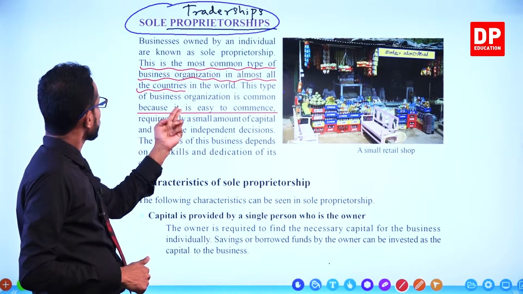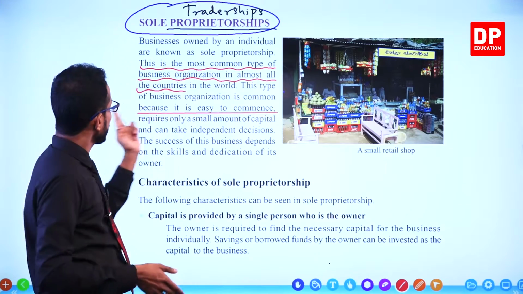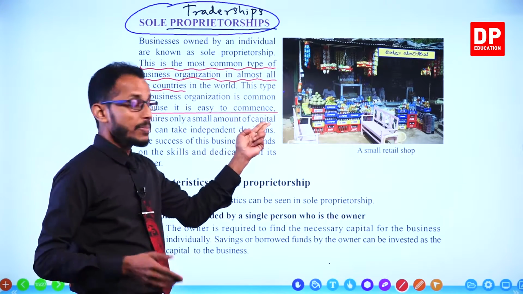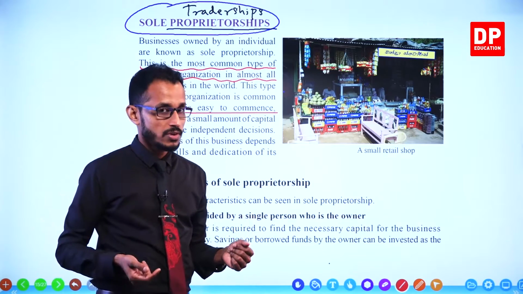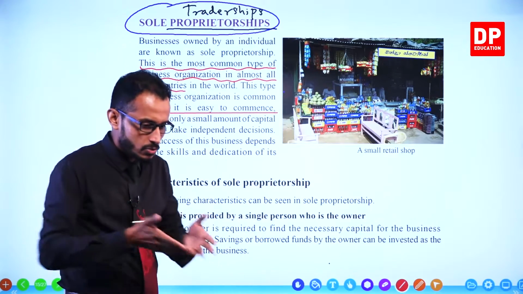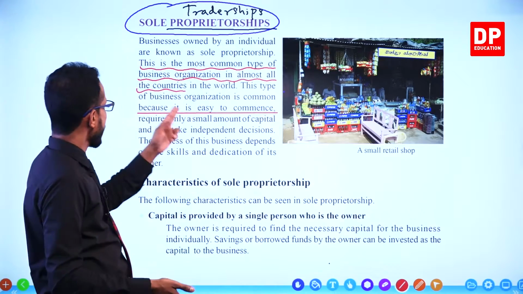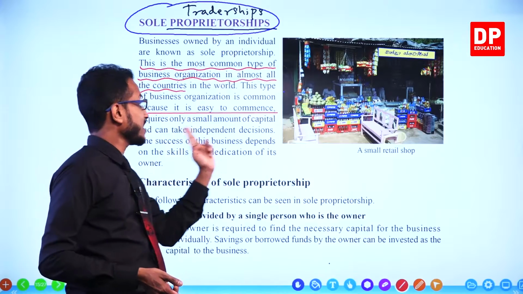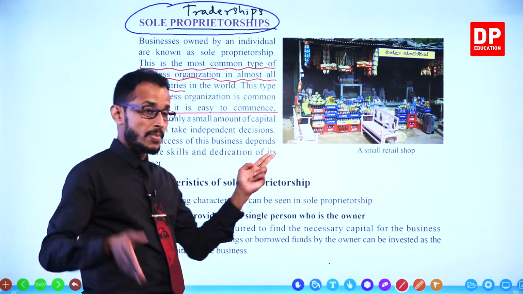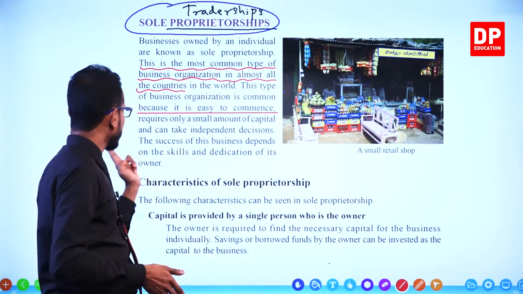Here you go. Most common because it is easy to start. Requires only a small amount of capital. I told you that Siripala started the business with a few thousand rupees, right? Small amount of capital to invest, no need of big money. Easy to start, and can take independent decisions. Remember, success of this business depends on the skills and dedication of the owner.